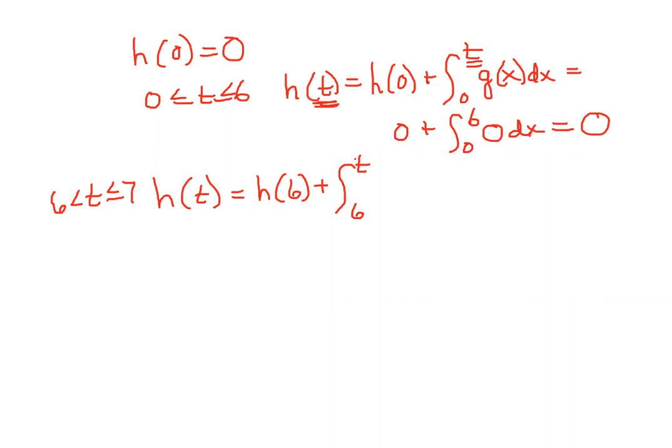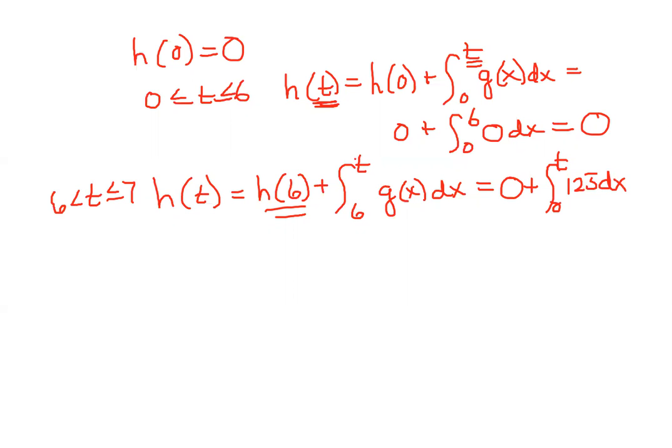So H of t equals 0, because H of 6 is 0, plus the integral from 6 to t of 125 dx.